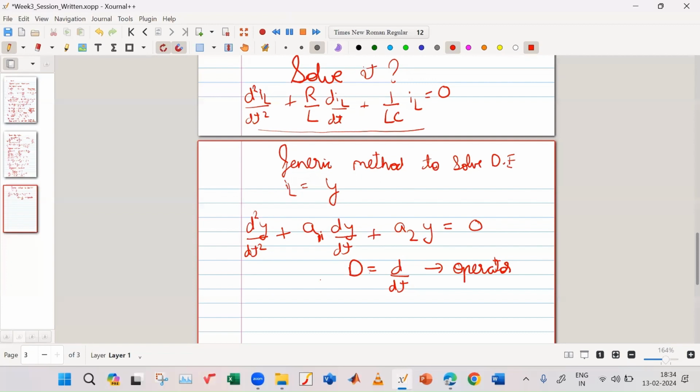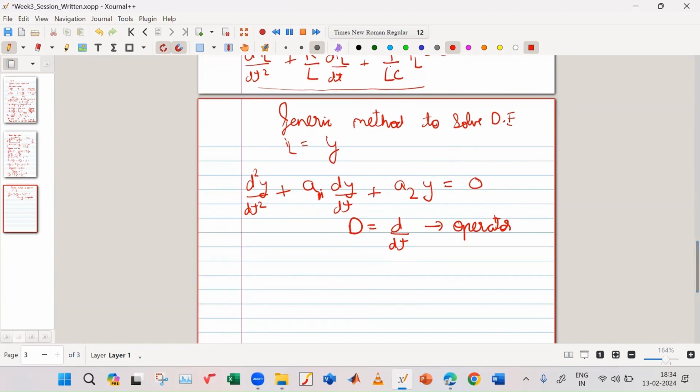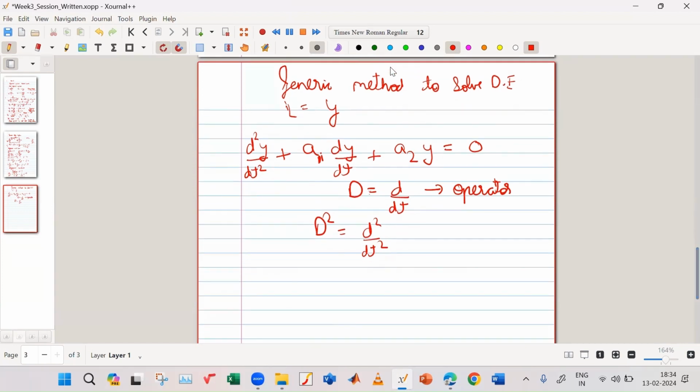These are a bit complicated mathematical terms, but just bear along. So if d by dt is D, then D squared is the second derivative with respect to time. So I will write this as D2y plus a1 Dy plus a2 into y is equal to 0.